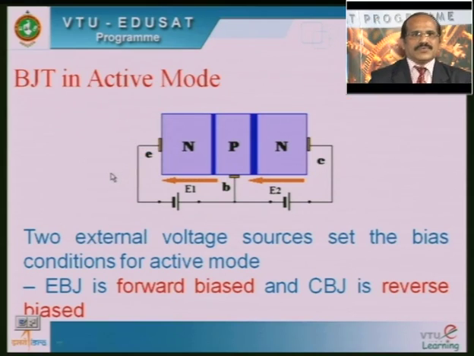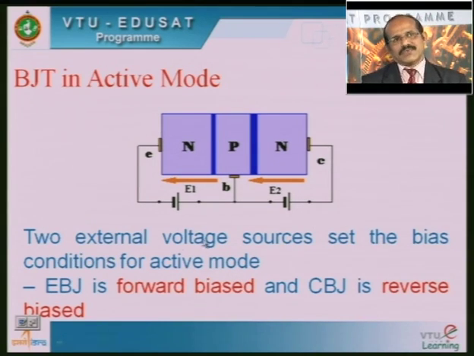Now let us see what happens when the BJT is in active mode. As I told you, the active mode is defined by the type of biasing. Here the two external voltage sources set the bias condition for active mode.